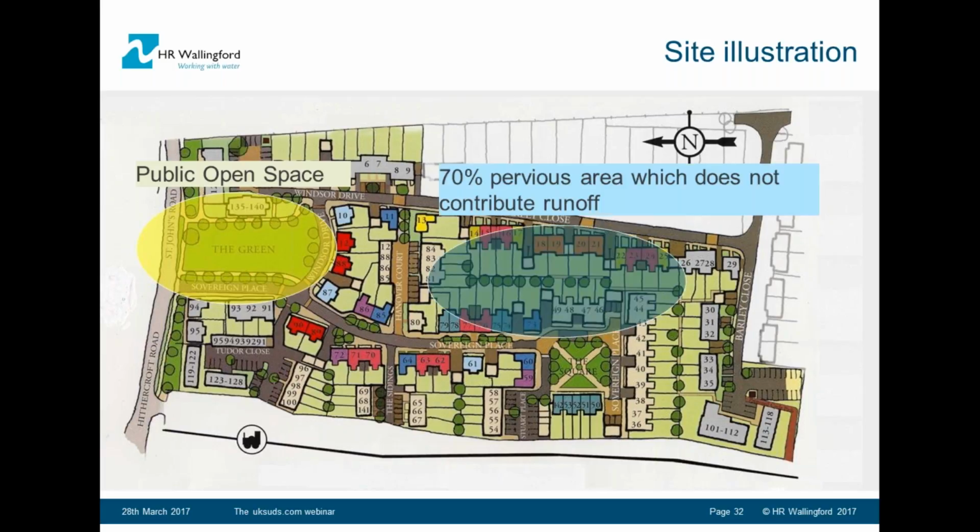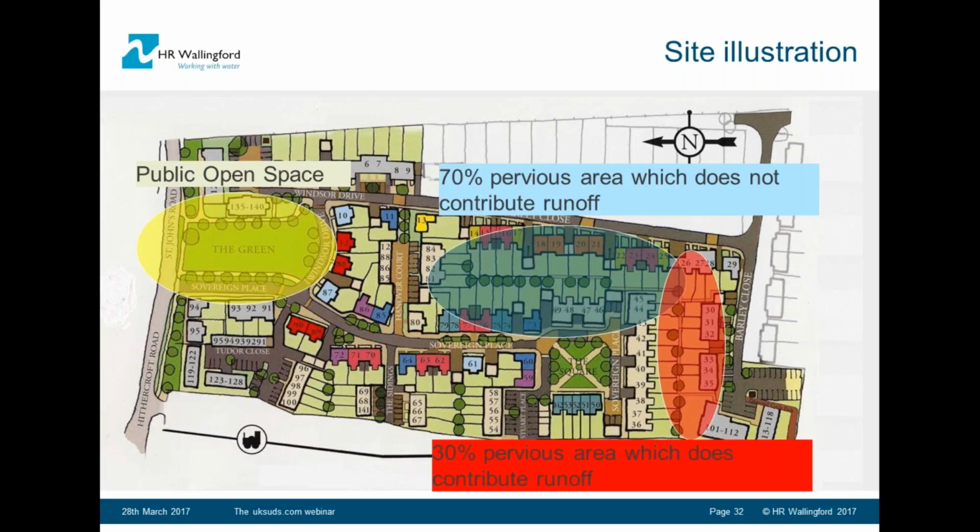The two boxes that are blue and red might be the areas deemed to not contribute runoff because they're in back gardens, the 70%, and the 30% might be the area which contributes runoff still from the pervious areas. And this is taken into account by factoring SPR, by increasing the net paved area by taking into account the difference between SPR and the 100% runoff.